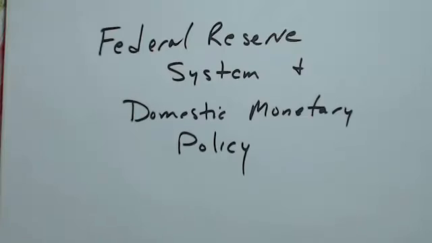Technically, the Fed is not part of the government, but it does report to the President and Congress periodically, and the President and Congress appoint key officials to the Federal Reserve System. The Congress did set up the Federal Reserve, but it doesn't really control the Federal Reserve, so it's sometimes called a quasi-government organization.